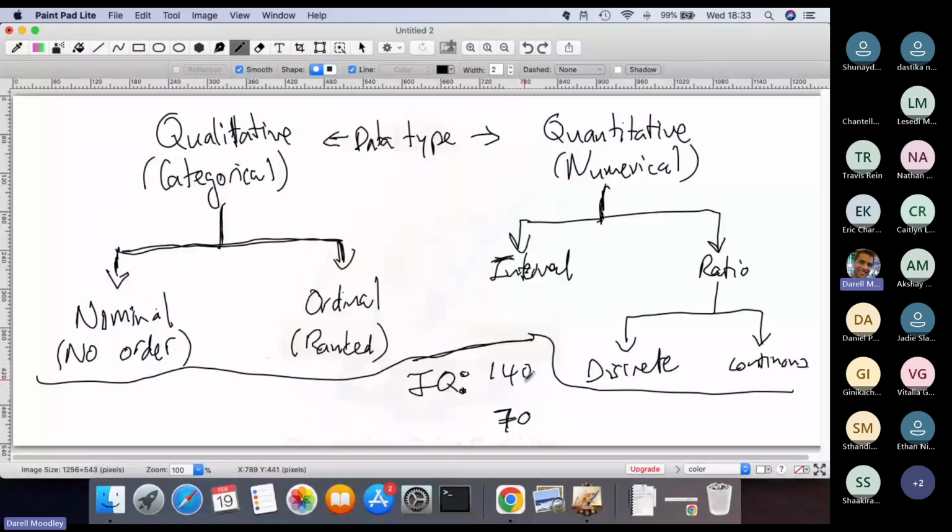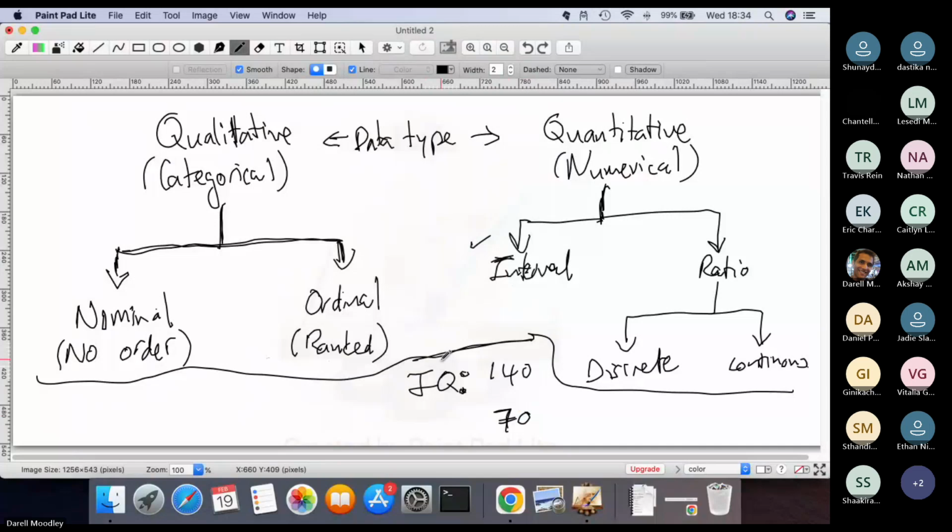However, when you take the ratio or when you multiply or when you divide these values, it doesn't make sense. I know 140 is twice 70, but that does not mean you're twice as intelligent as me. You can perform the numerical operation, but the answer makes no sense. So when the multiplication and the division doesn't make sense, but the subtraction does, then it's an interval.